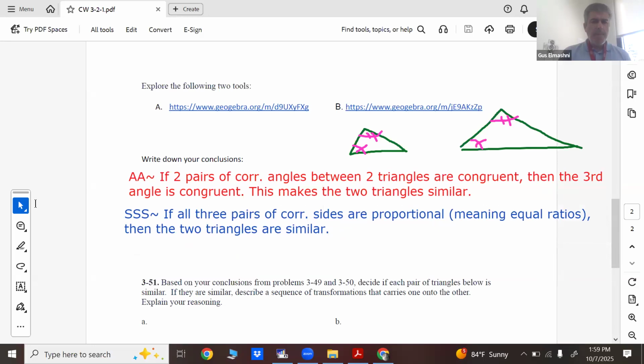So I'll give you another example. What if I have this here? I'm just totally making this up. What if I have like 2, 3, 4, and 4, 6, 8?